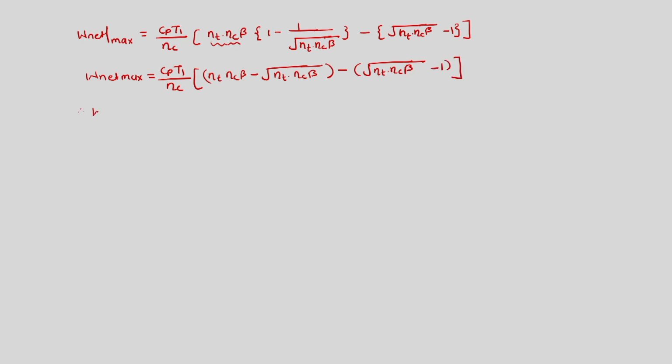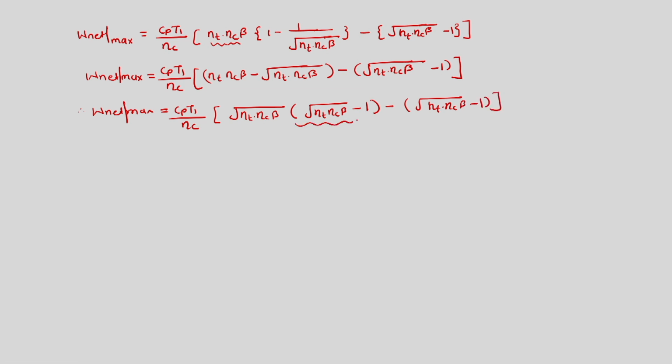So here we can do further simplification, W net max as Cp T1 into eta c, here we can take square root of eta t eta c beta as common, so square root of eta t eta c beta into square root of eta t eta c beta minus 1 minus square root of eta t eta c beta minus 1.